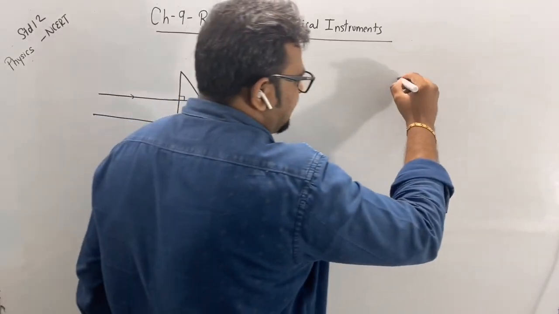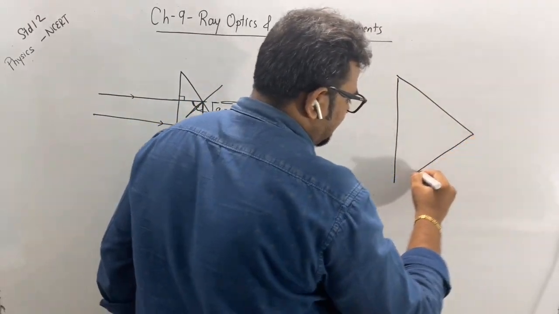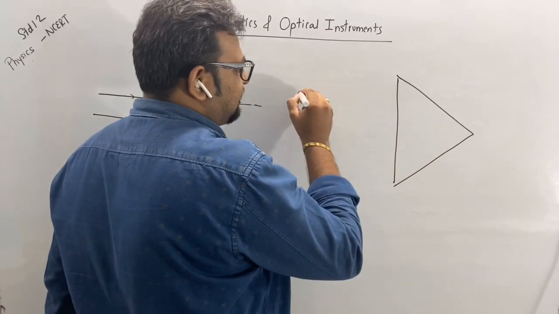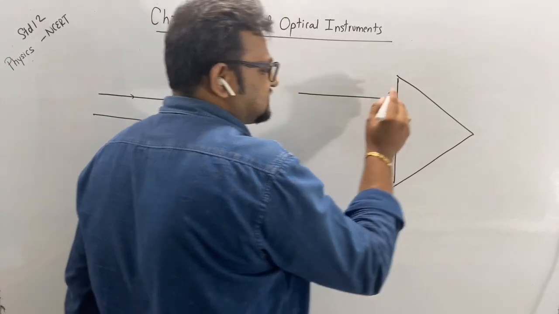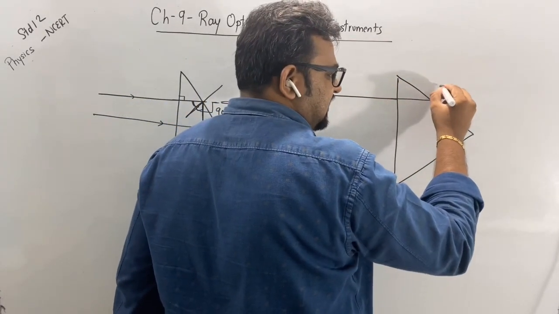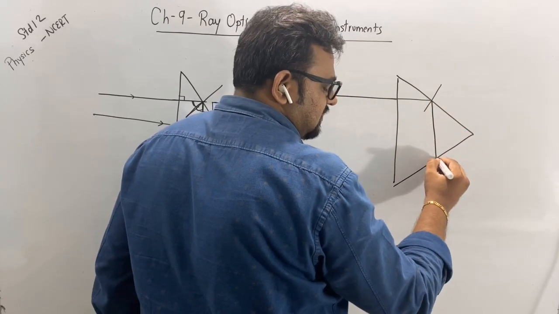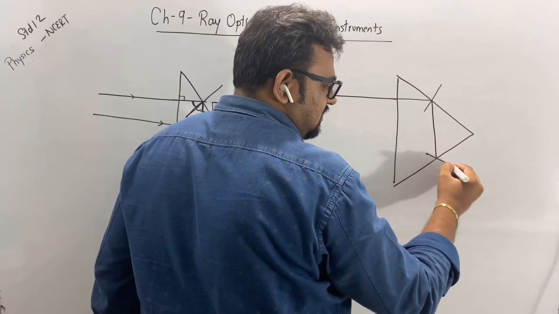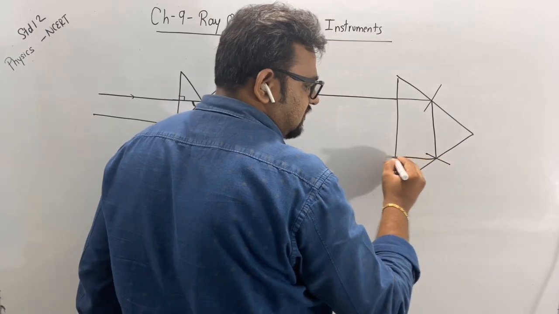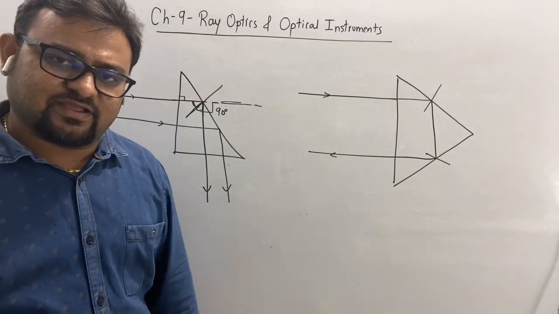We can also deviate it by 180 degrees. If we take the prism in this way, let's take the first ray. As it enters normally in the same direction, this is the normal, angle 45. Again, this is the normal, angle 45. This is the incident ray, this is the reflected ray.